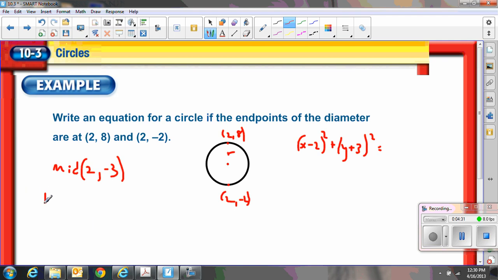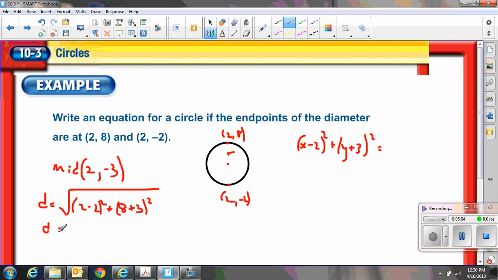So to do that, we'll use, again, from the first section in this chapter, our distance formula. The distance formula goes square root of (x2 minus x1) squared plus (y2 minus y1), which means minus negative 3 or plus 3, squared.